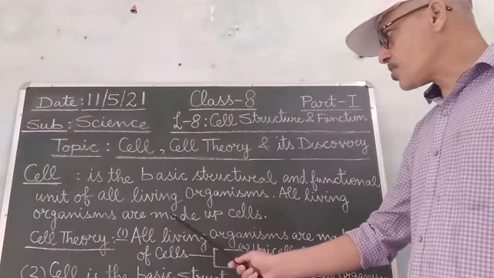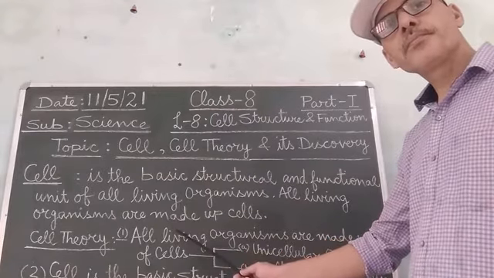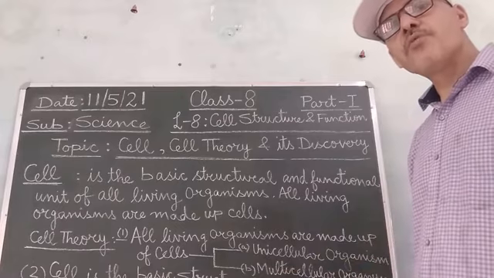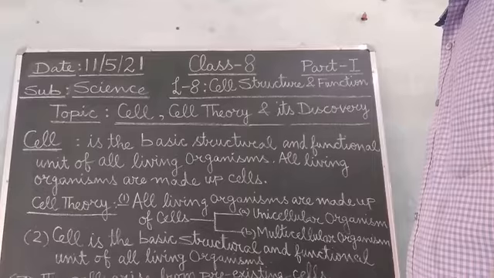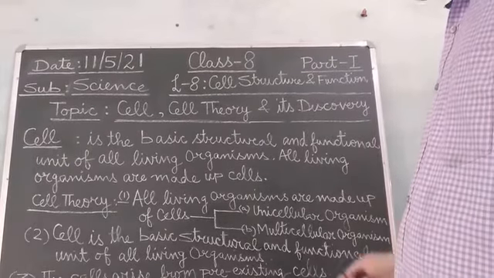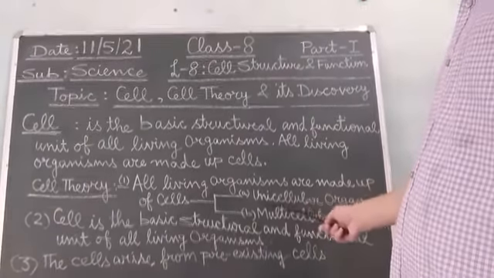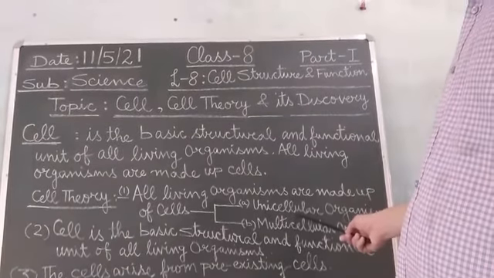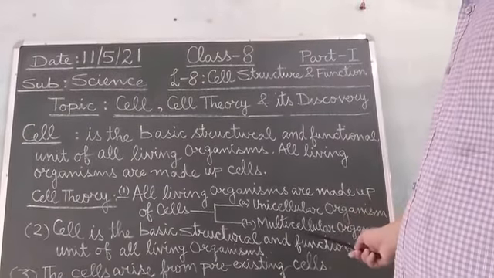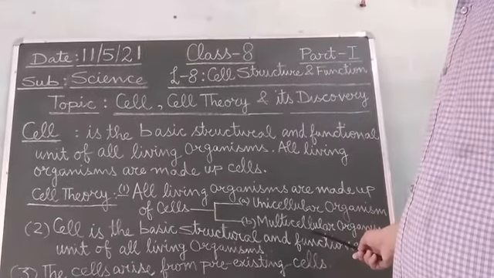And on the basis of the number of the cells involved in the formation of the body of every living organism, there are two categories of organisms. That is the unicellular organisms and the multicellular organisms.